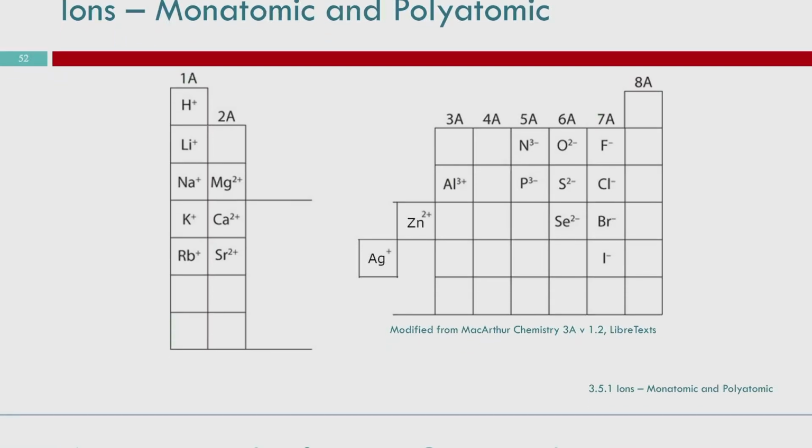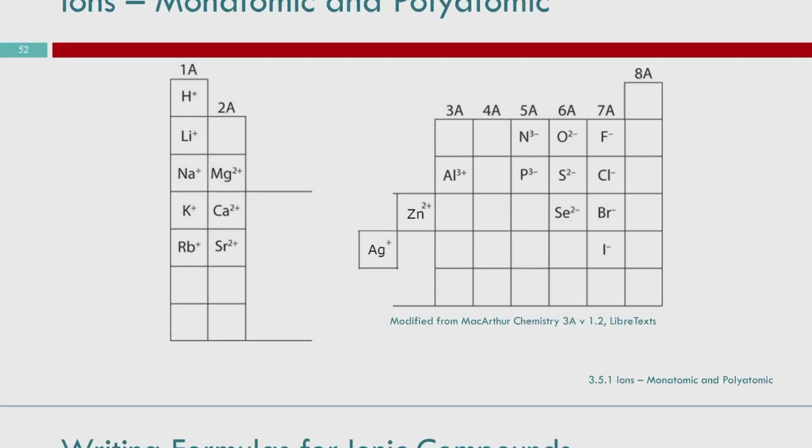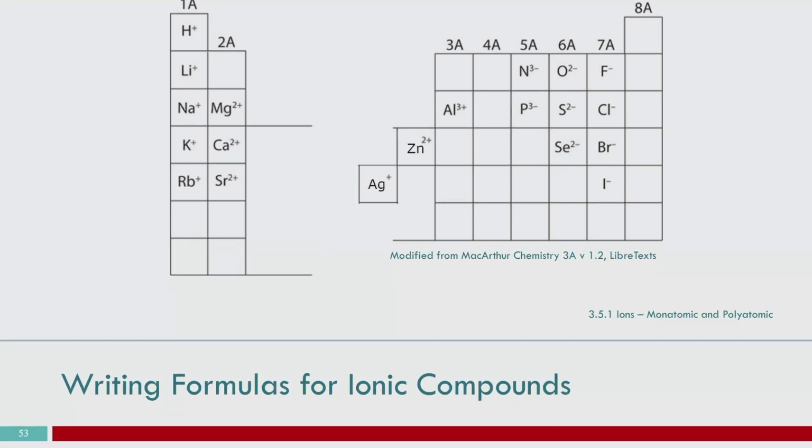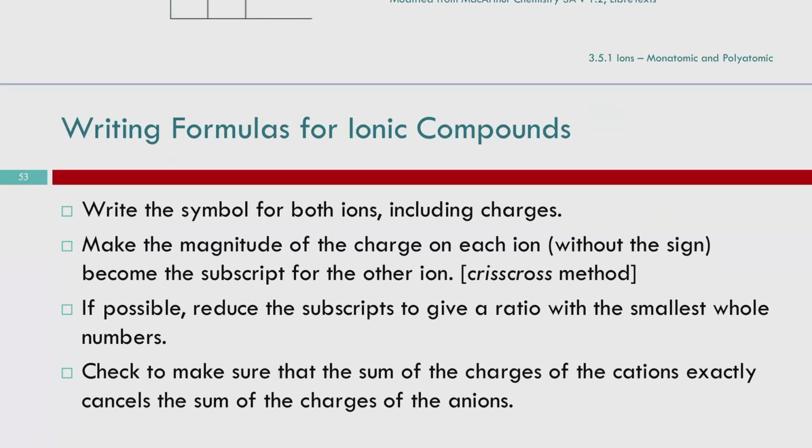Until you get there, maybe a little bit of pain, maybe a little headache. Some people like to write on their yellow sheet what the charges are. That might be helpful, but if you get in the habit of always having it given to you, then when you get to the exam, I don't write those on your information sheet, so that might become problematic.